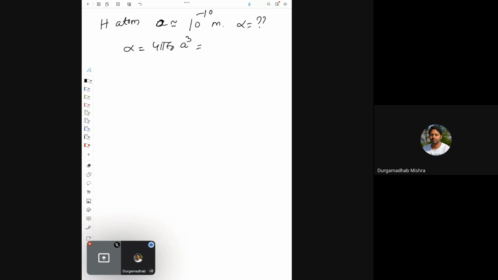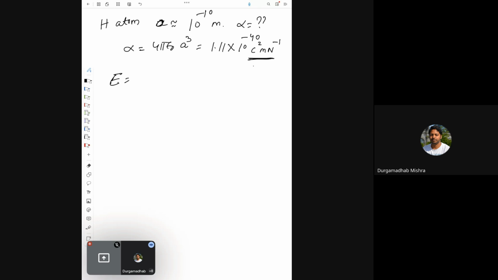Epsilon naught is the permittivity of free space, a standard constant which you will substitute. If you substitute all these values, you will get this number. One thing you have to be careful about is the units when doing these calculations. Everything should preferably be in SI units, so then there will be no mistake.